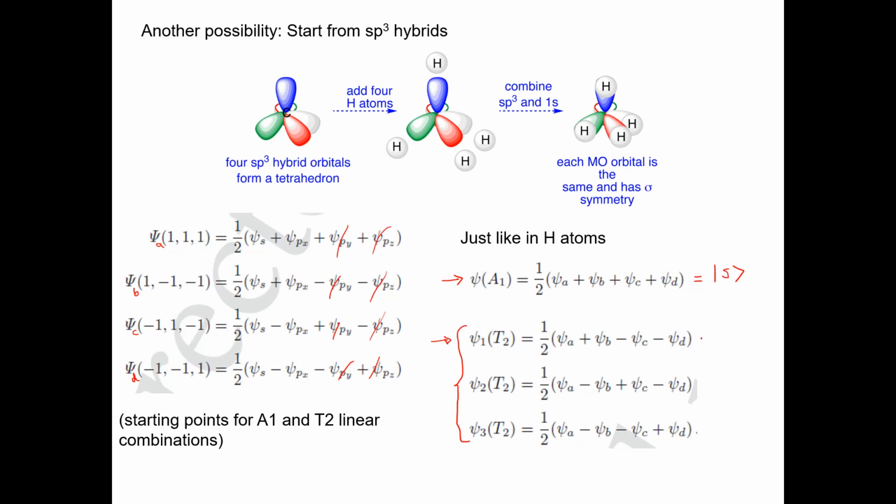So this is a Px state, and you probably can figure out that the other 2 are going to be Py and Pz. And this is the same result I got when I started from the atomic orbitals, not from hybrids. Okay, so no matter if I start from hybrids or from atomic orbitals, in the end I must get the same symmetries, the same functions that transform according to different irreducible representations of the group.